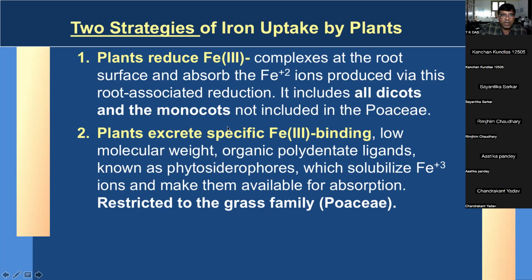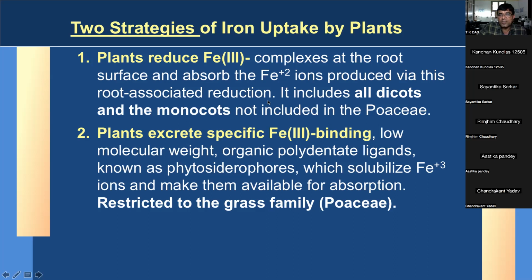It includes all dicots and monocots not included in the Poaceae. Plants reduce Fe3+, meaning plants themselves are reducing Fe3+. It is not the soil. It is plants, they have the ability to reduce Fe3+ to Fe2+, and absorb the Fe2+ ions produced via this root-associated reduction.